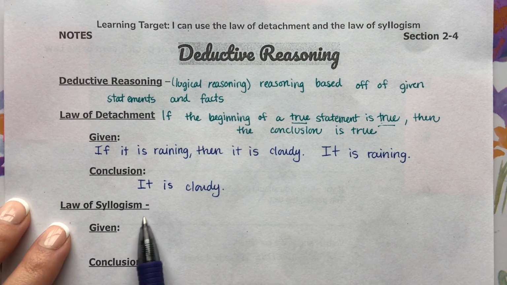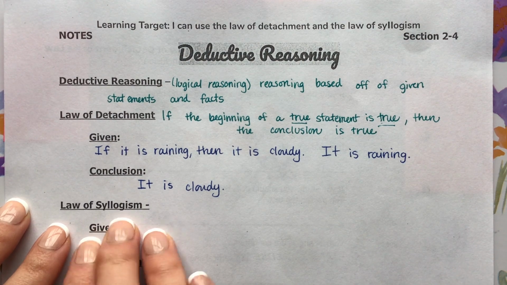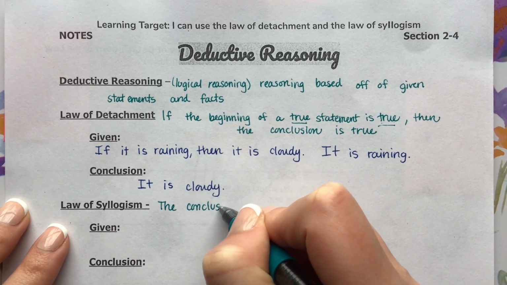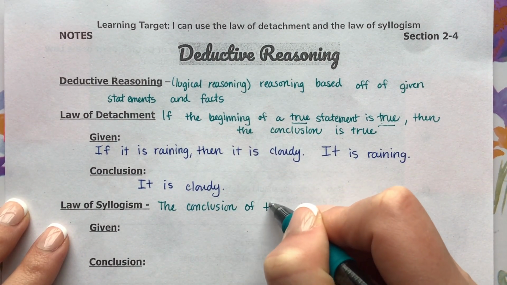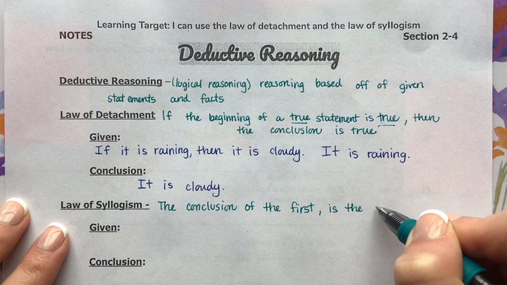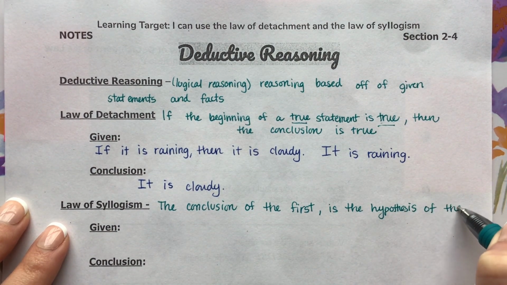Next, we have something called the law of syllogism. The law of syllogism allows you to state a conclusion from two true conditional statements when the conclusion of the first is the hypothesis of the second. So I'm going to abbreviate this a little bit, and I am going to say the conclusion of the first is the hypothesis of the second.